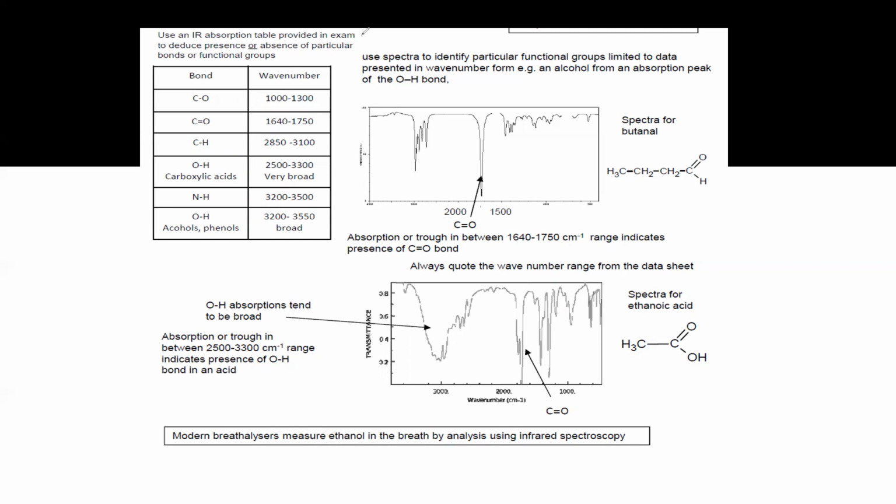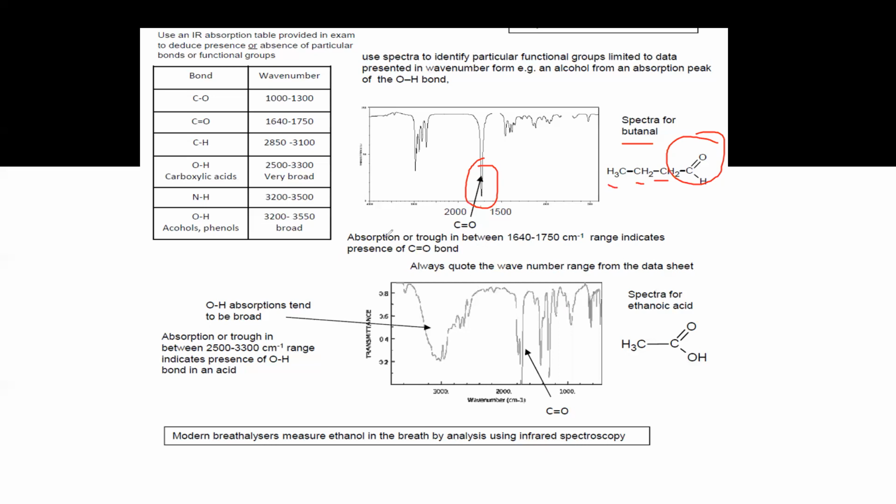For example, you have an infrared spectrum of butanol. In this, CH3 is there, CH2, CH2, C double bonded with O, and H is there. This C double bonded with O will absorb from 1600 to 1750. From this absorption peak, we can identify the type of the bond present.